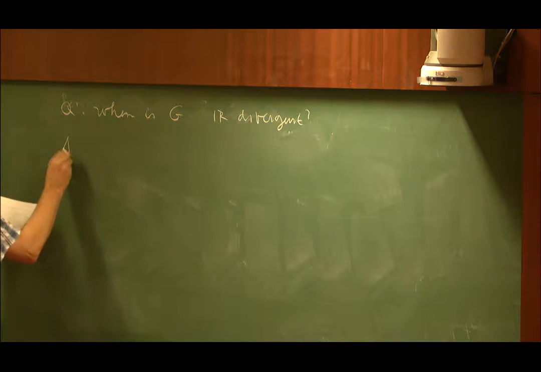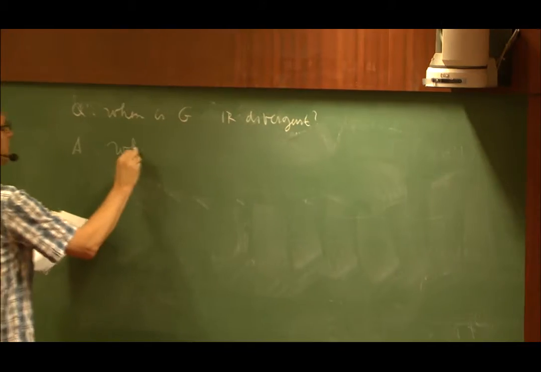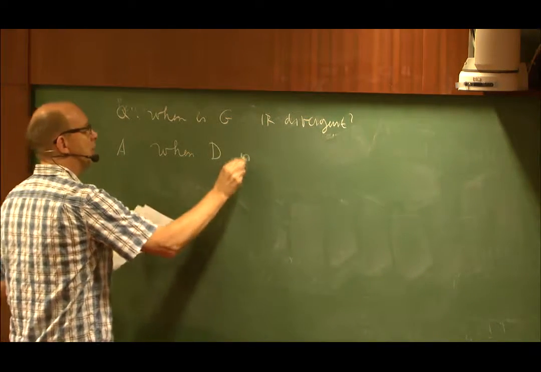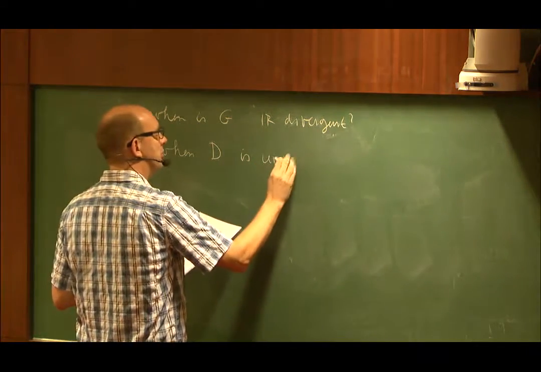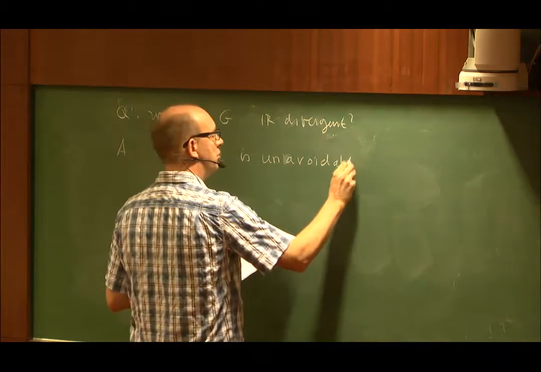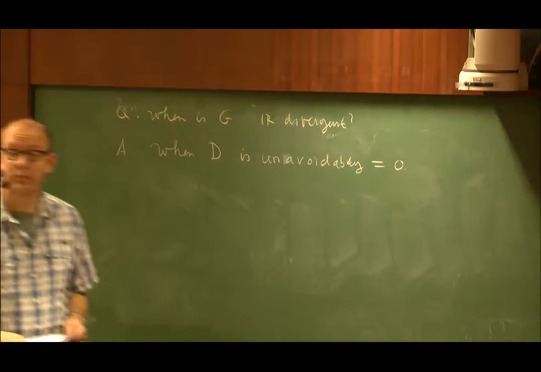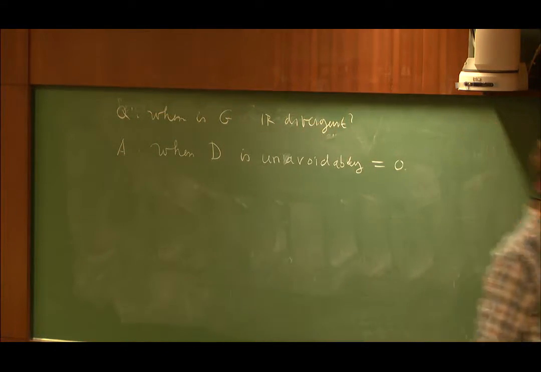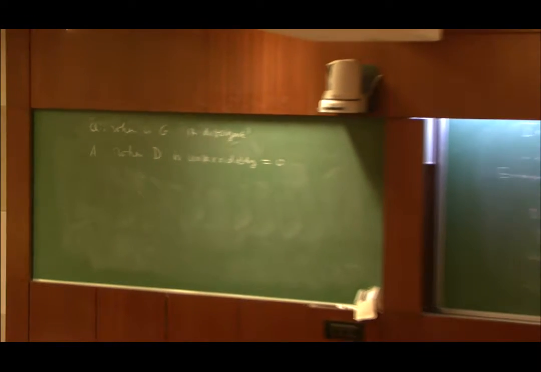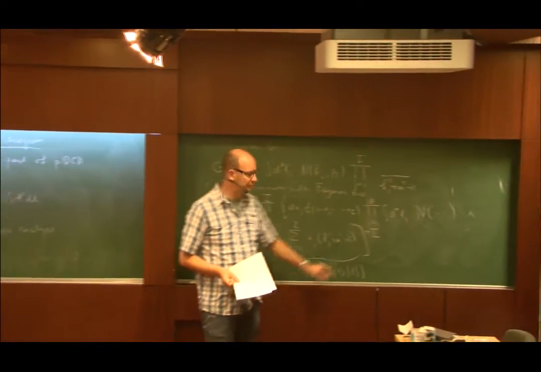So the answer is when D is unavoidably equal to 0. So not when the measure blows up, that would be the UV case, but where D, which occurs downstairs, is 0, and unavoidably so. I'll tell you what I mean by unavoidably.